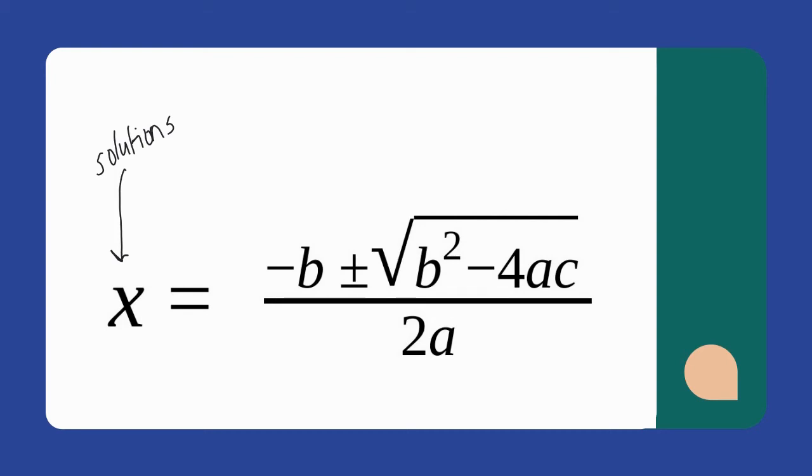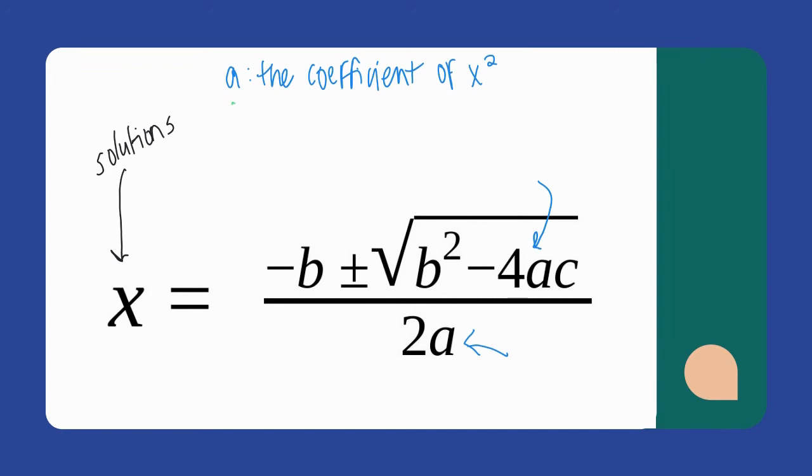So a in this formula, which we see a couple of times here, a is the coefficient of x squared. Okay, so whatever number is in front of our squared term, that coefficient is our a variable, our a term.